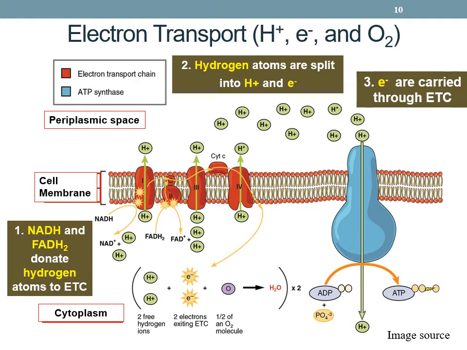When one protein grabs hold of that electron, it's being reduced. When it releases it to the next protein in the cell membrane, it is being oxidized and the second protein is being reduced.